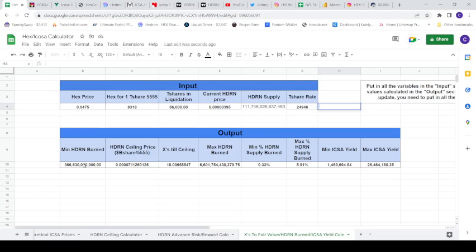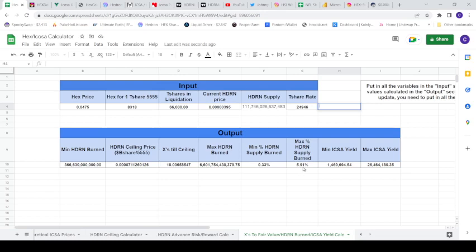So basically, the minimum Hedron burned throughout all the liquidation is 366 billion 630 million. And the max is gonna be, what is that, 6 trillion 600 billion, and that would be the best case scenario.